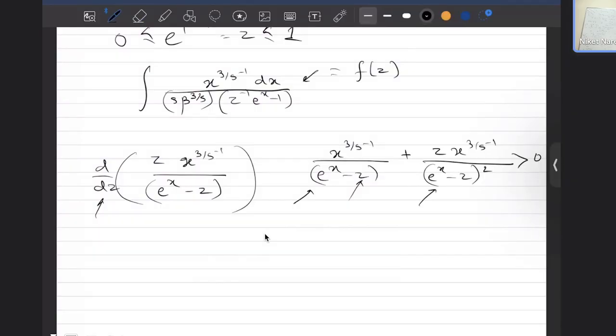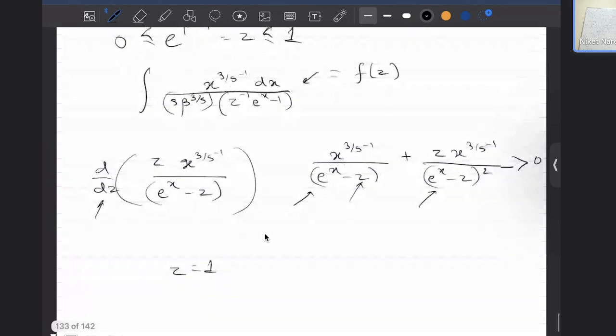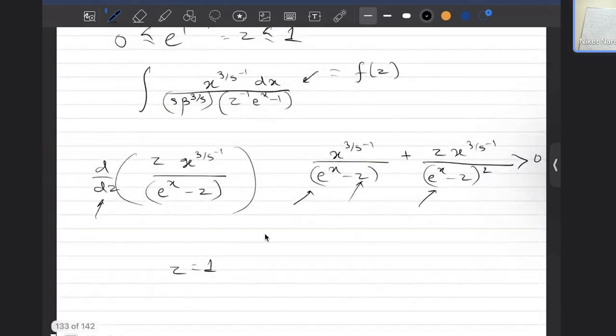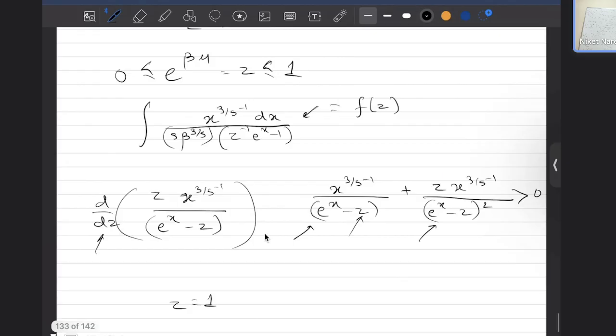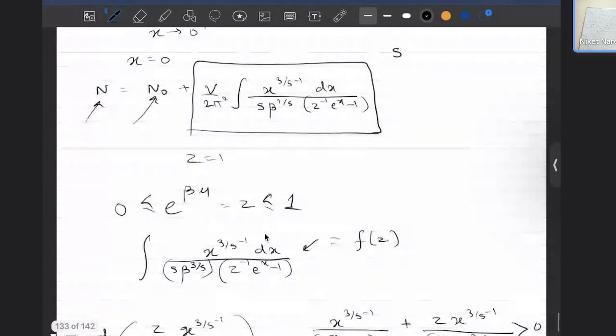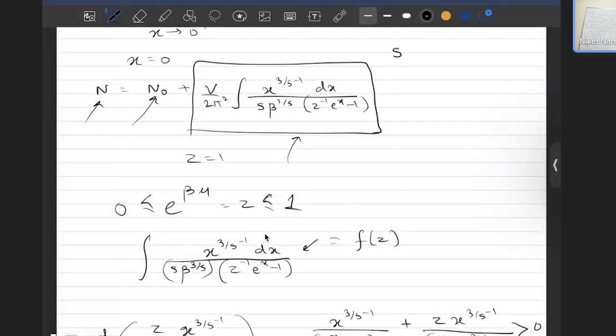So in that case, the maximum value will occur at z equal to 1, because that's where it can reach, right? Otherwise, it will have lower values. So the point is that this function, as we proved, is monotonically increasing. At z equal to 1, it will have its maximum value. Say I substitute z equal to 1, then this integral is just a constant.